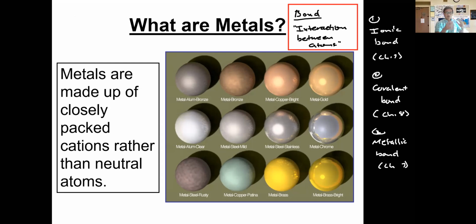The interactions that keep these atoms together will result in certain properties. One of the main properties that we can look at is the physical state of a substance when it's at, let's say, room temperature. So we know that if elements can form a solid, that means there must be a very strong interaction between the atoms to hold it together.